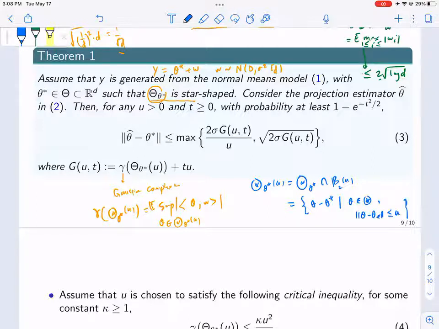So it's all the things that look like this, and the norm is bounded by u.